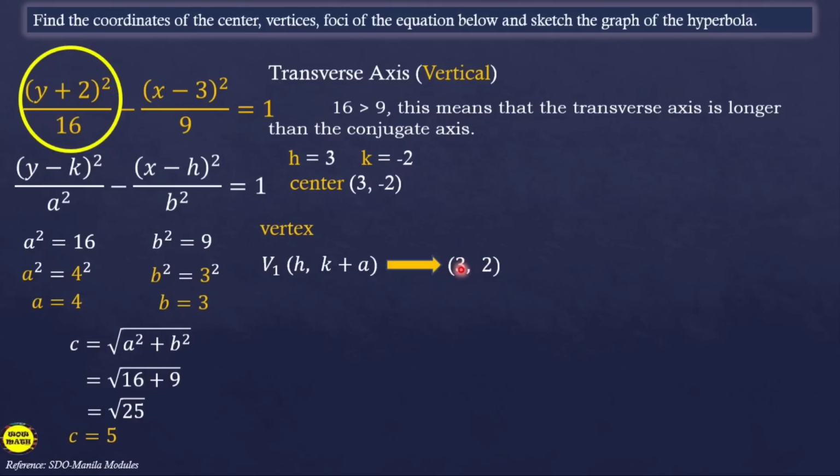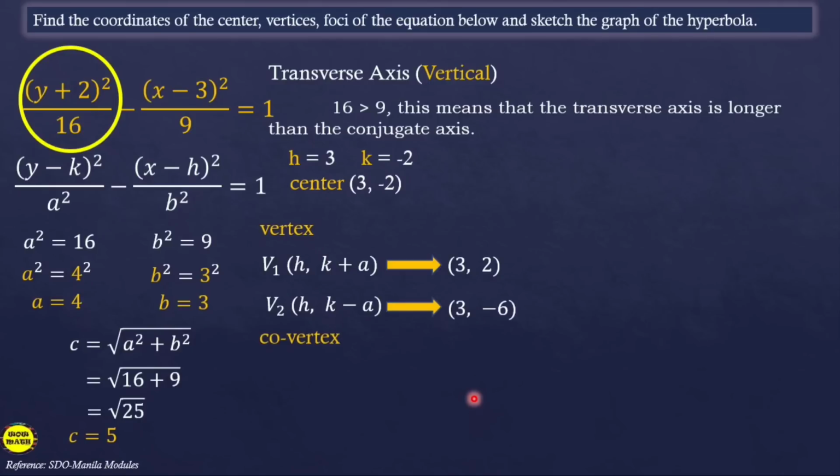Kaya yung V sub 1 natin, (3, 2). Next, yung V sub 2 naman, H, K minus A. So, yung H natin again, that is 3. And then, yung K natin is negative 2 minus 4. So, negative 2 minus 4, that is negative 6.